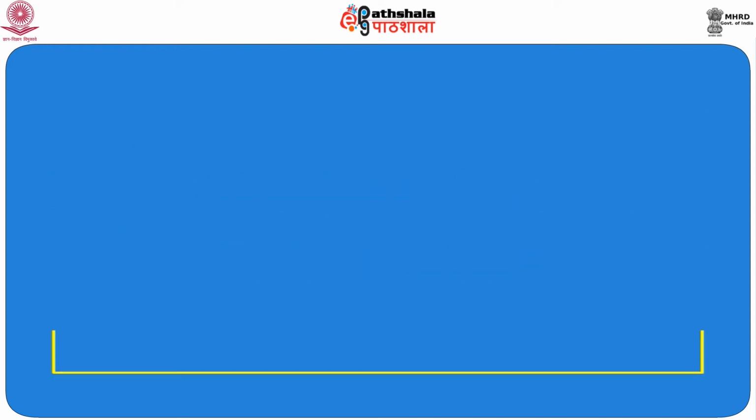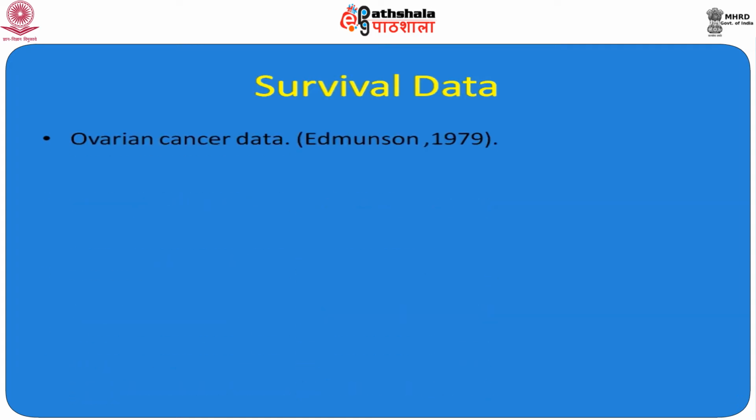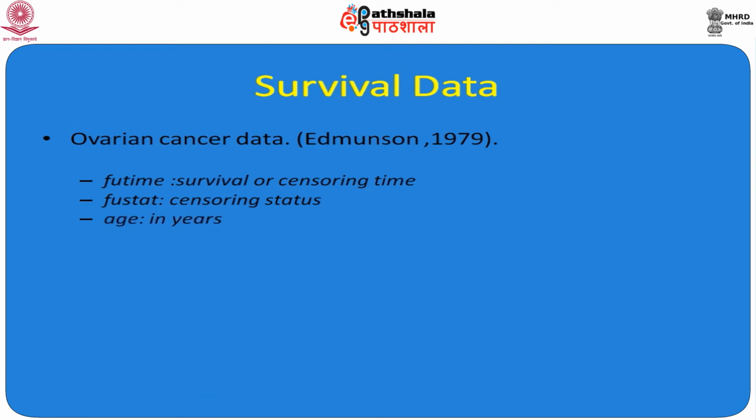This is data taken from an ovarian cancer study from a Munson 1979 article, where futime is given as the survival or censoring time of the patients, and fustat is given as the censoring status of those patients. Age is in years at study entry, and resid.ds gives whether residual disease is present or not, given as 1 for no and 2 for yes.